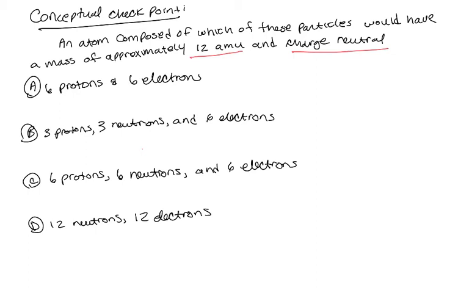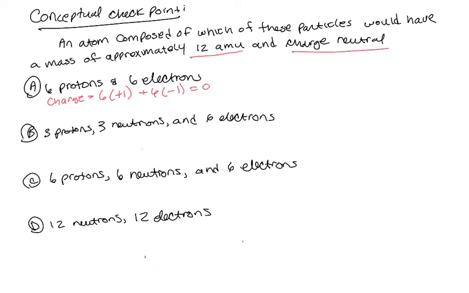So here, for A, we have 6 protons and 6 electrons. In regards to charge, we will have 6 times +1, because each proton is +1 charge, and then 6 times -1 charge. So +6 plus -6 is 0.